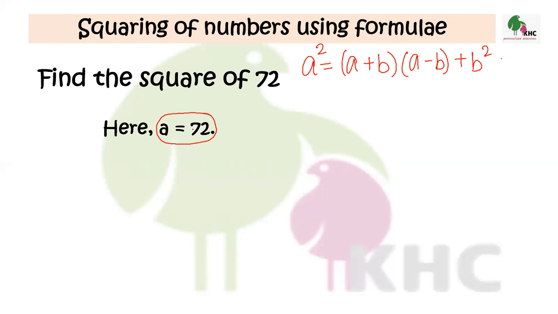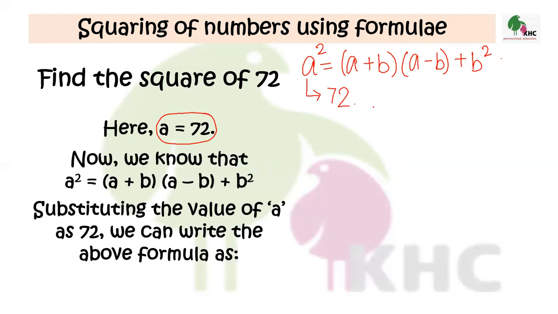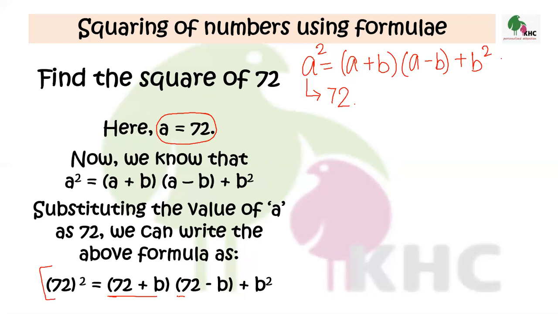In this formula, we are going to take our a as 72. We have not yet found the value of b, or we don't know what b is, okay? So if you substitute the value of a as 72, the equation becomes 72 square is equal to 72 plus b, 72 minus b, plus b square, okay?